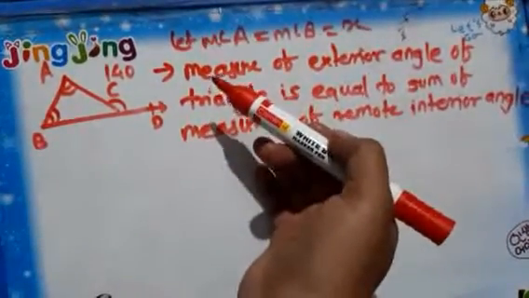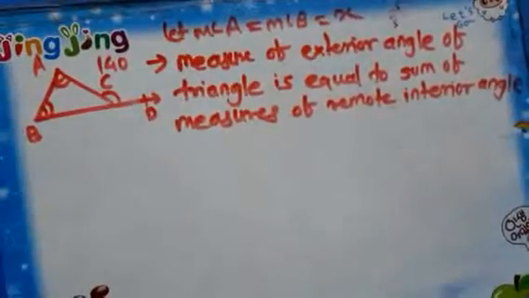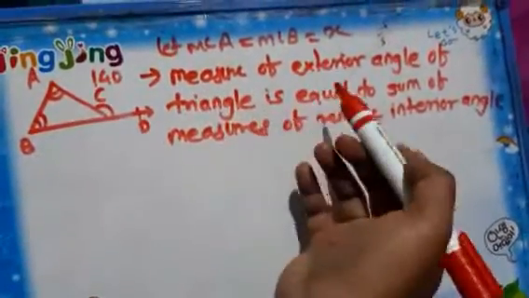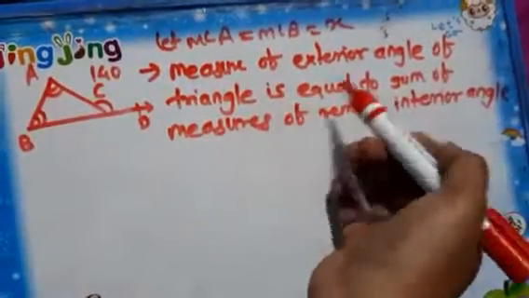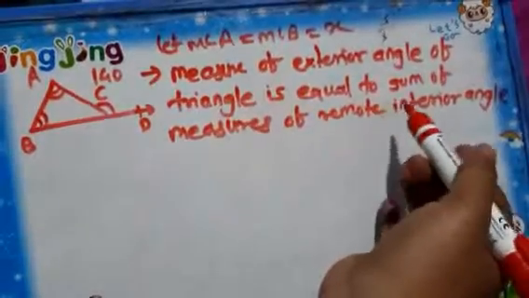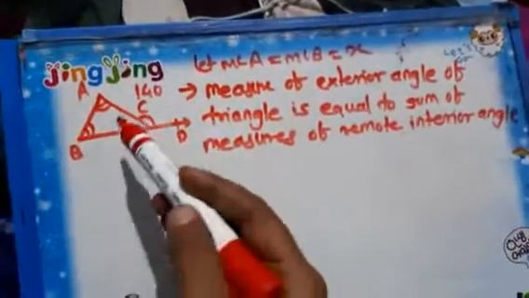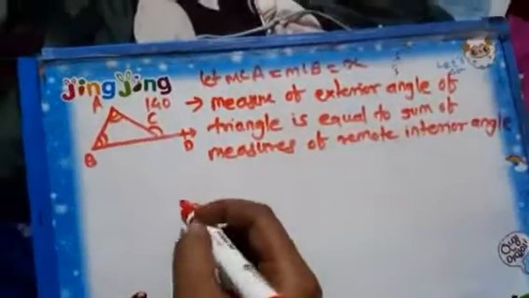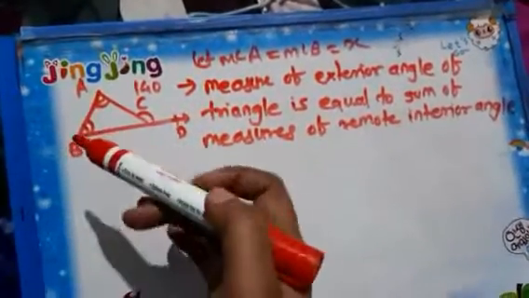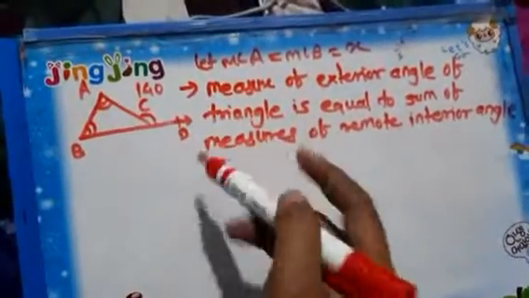Now we know the property of the exterior angle of a triangle: the measure of an exterior angle of a triangle is equal to the sum of the measures of remote interior angles. So for this triangle the exterior angle is ACD.